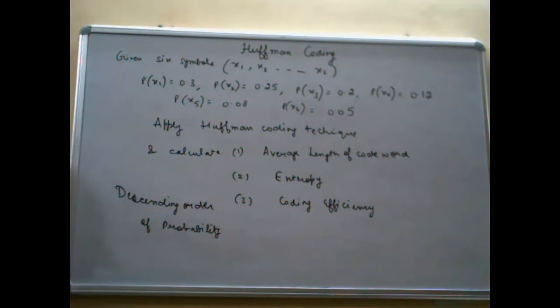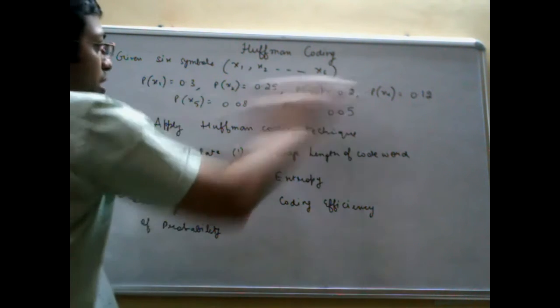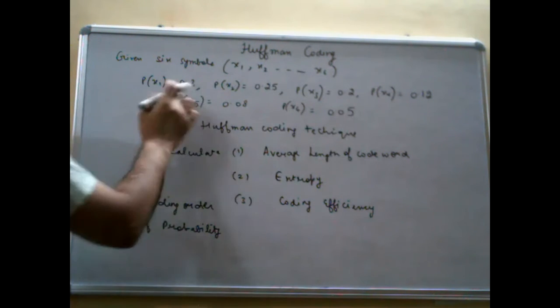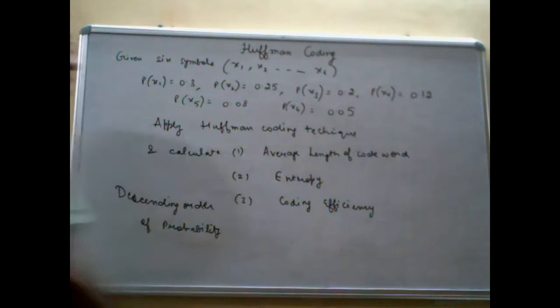Remember this. When we solve this, we'll write these symbols in descending order of the probabilities. In this question, I have taken all the symbols in descending order only: 0.3, 0.25, 0.2, 0.12, all are in descending order.